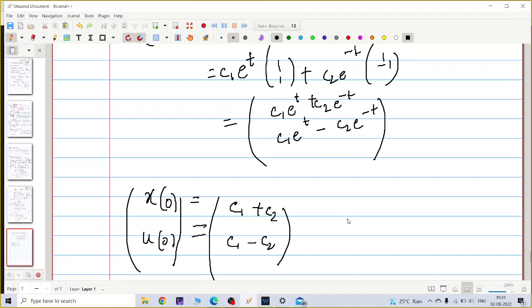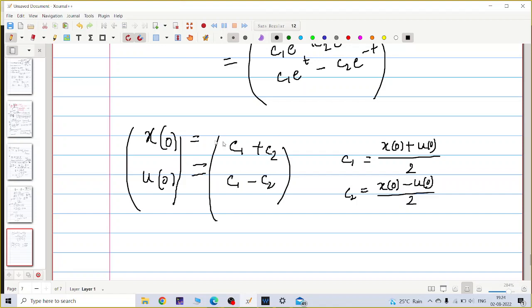So what is c1? It is x0 plus u0 by 2, and c2 is x0 minus u0 by 2. You just solve c1 plus c2 equal to x0 and c1 minus c2 equal to u0, then find c1, c2. If you add these two equations, you will get this. Understand, Biplav?